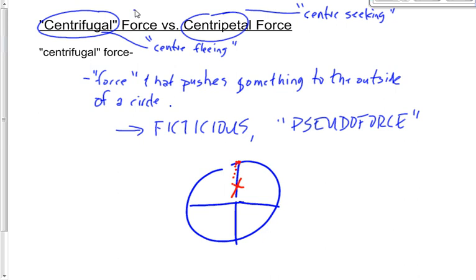Here's what happens. Here's the pivot point. Here's the rotational point. I'm right here, okay? I'm going in a straight line, right? I'm always going in a straight line. If I'm not holding onto this bar tight enough, then I'm going to go in a straight line. Here's the merry-go-round.